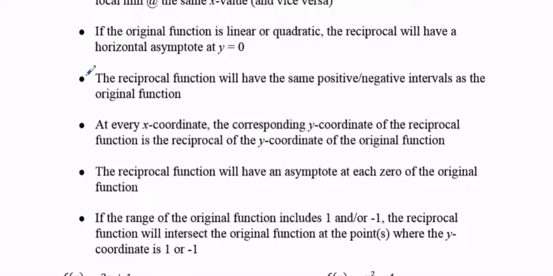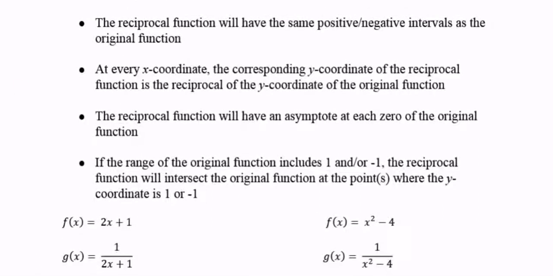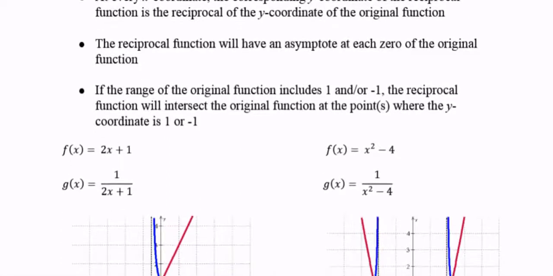Wow, that's a lot, and you'll see what I mean on that one in a minute. The reciprocal function will have an asymptote at each 0 of the original function, and again, we'll see what that means. And if the range of the original function includes 1 and or negative 1, the reciprocal function will intersect the original function at the points where the y-coordinate is 1 or negative 1. And again, that will become clear in a moment.